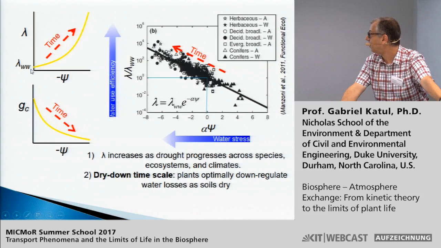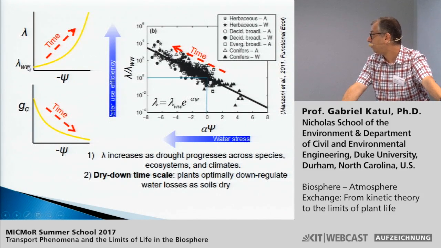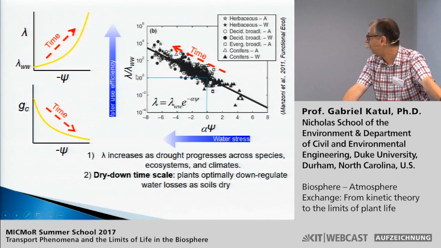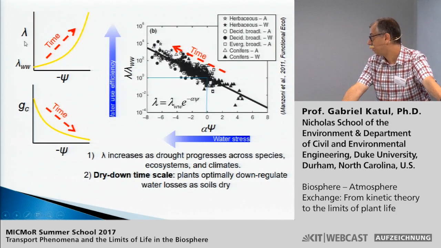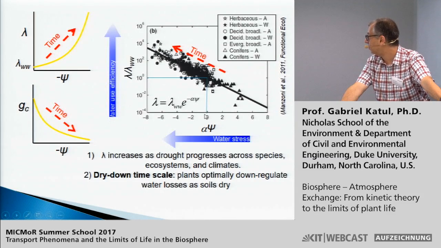And he showed that in all cases, you start with well-watered conditions for lambda, which is now a boundary condition, and that, of course, increases with time if leaf pressure becomes more and more negative, or stomatal conductance drops with time. And in fact, when you combine the two, you could show that the marginal water use efficiency, because time can be eliminated from both, now looks like it depends on the long-term pressure in the leaf.